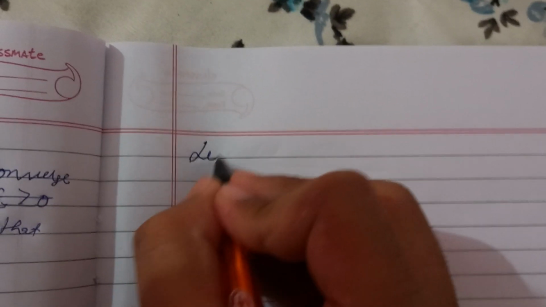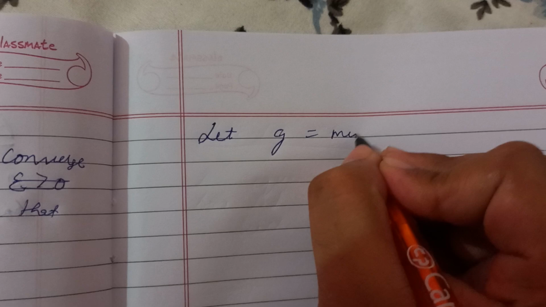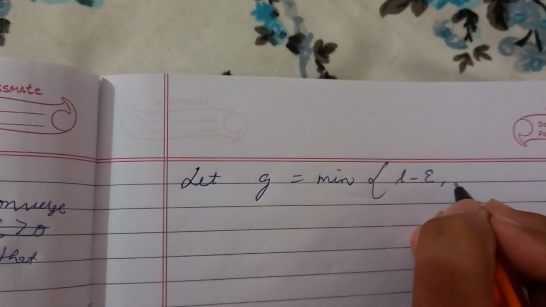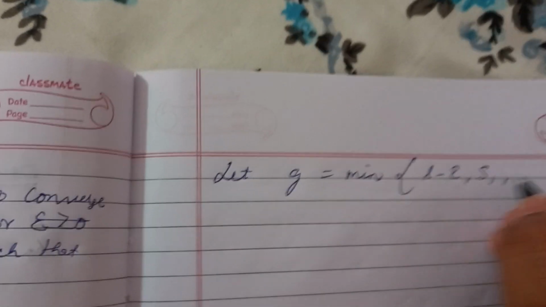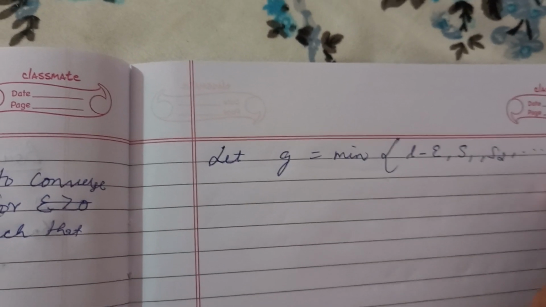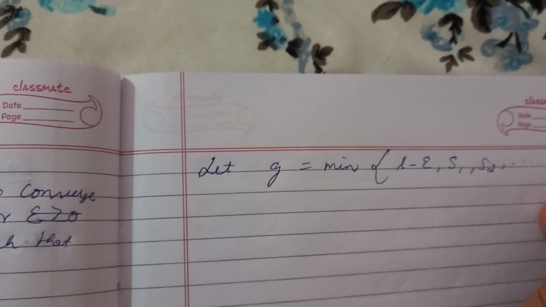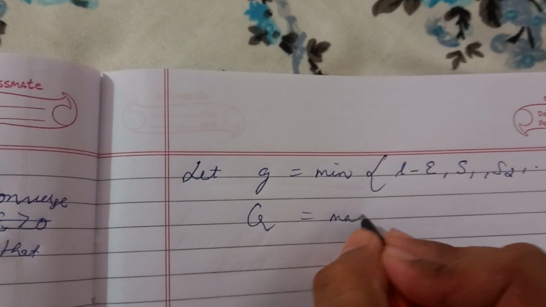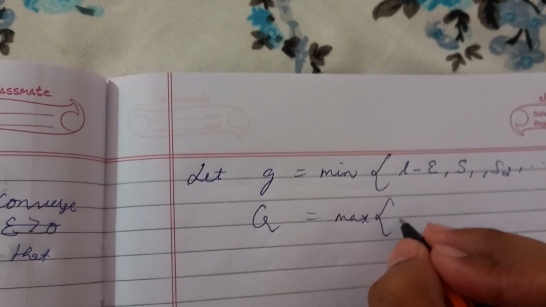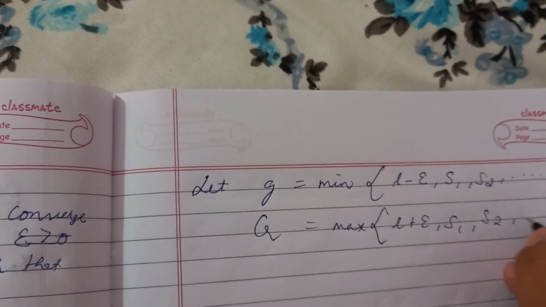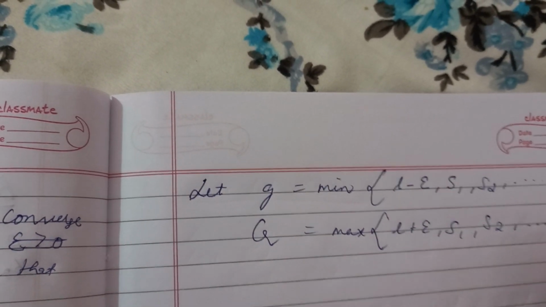Next we'll be considering some values. Let g be equal to the minimum of L minus epsilon, S1, S2, and so on up to S(m minus 1), and capital G as the maximum of L plus epsilon, S1, S2, and so on up to S(m minus 1).